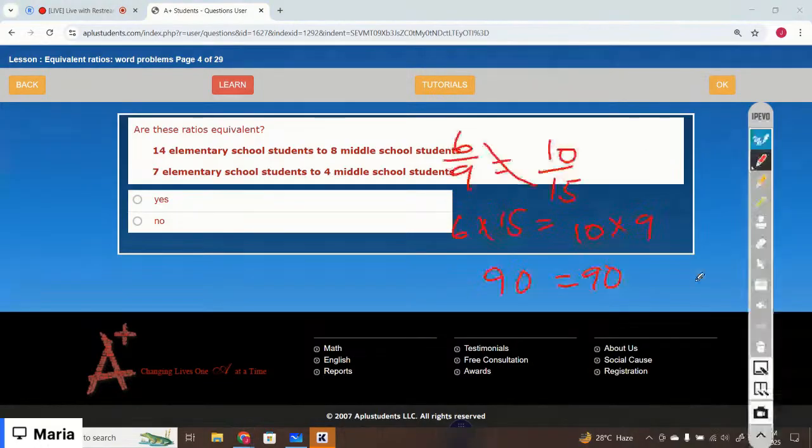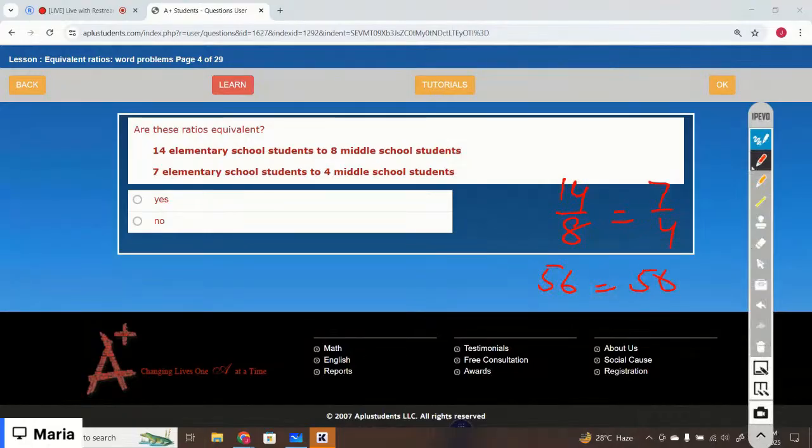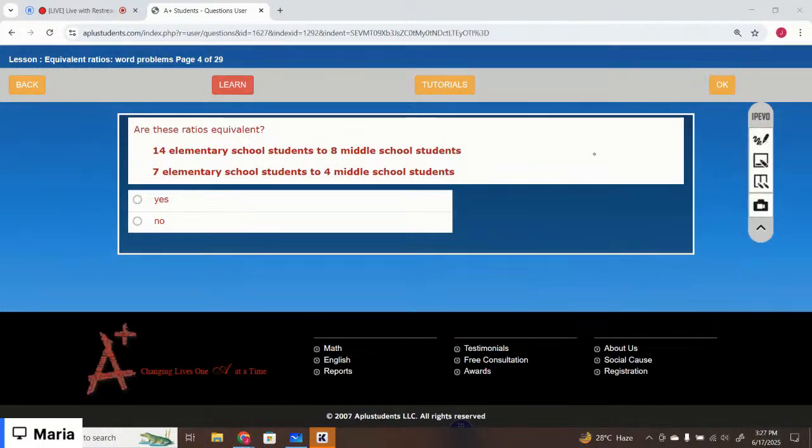That is 14 ratio 8, 7 ratio 4. 14 times 4 is 56, and 7 times 8 is 56. So yes, they are equivalent. The correct option is equivalent. Option number one is the correct option.